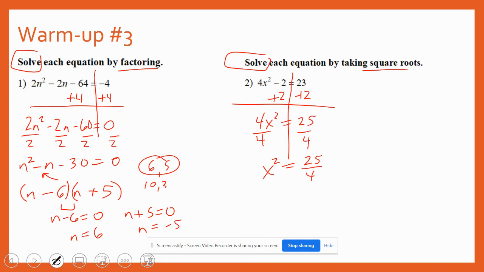So now when we take the square root of both sides, you can put this in your calculator. But you also might notice the square root of 25 is 5, and the square root of 4 is 2. We didn't really go over that property because you have the calculator. You could also write this as plus or minus 2.5.